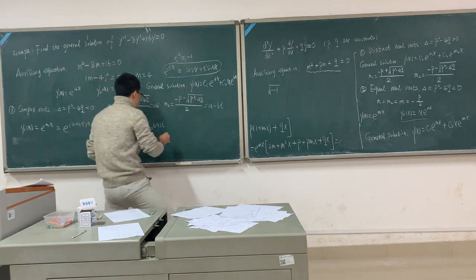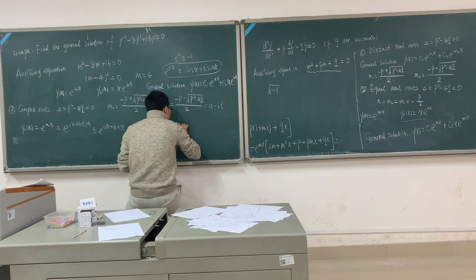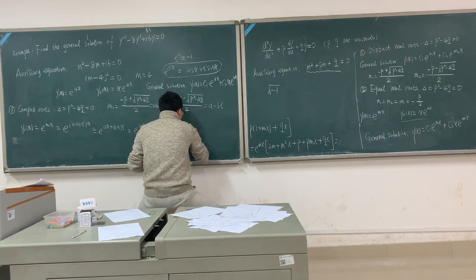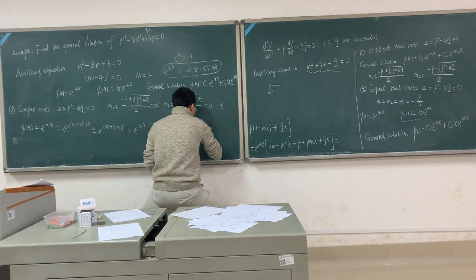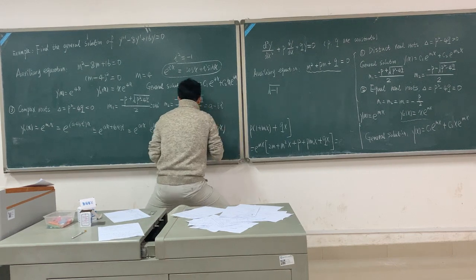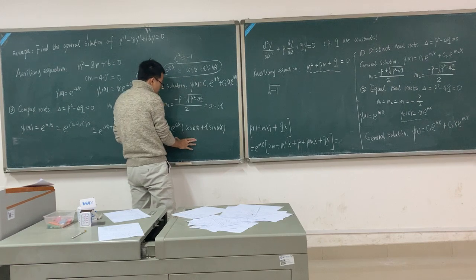So this equals e to the ax times cosine bx plus i sin bx. So this is the first solution.